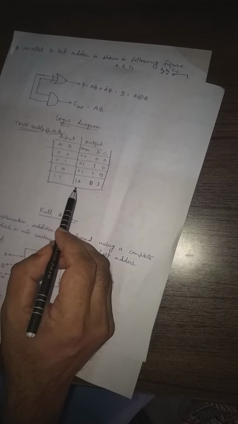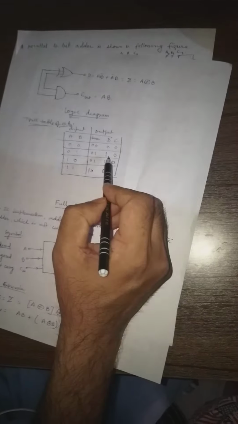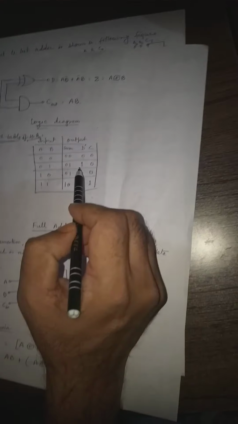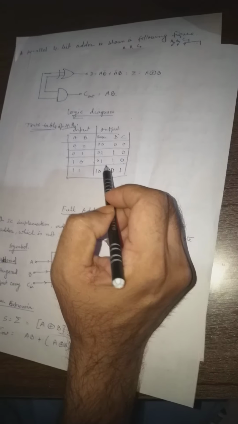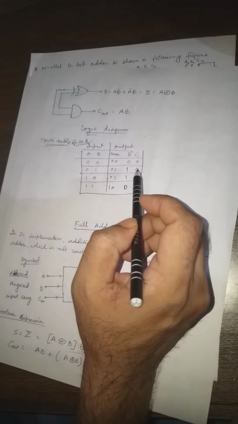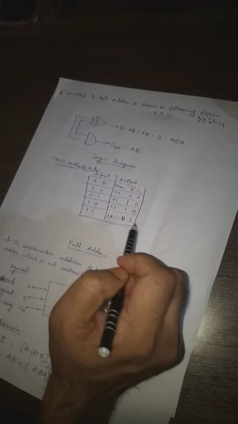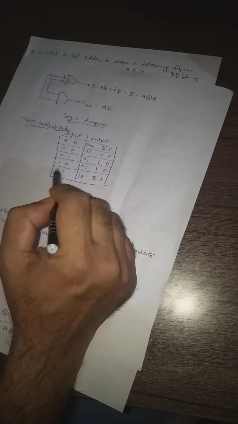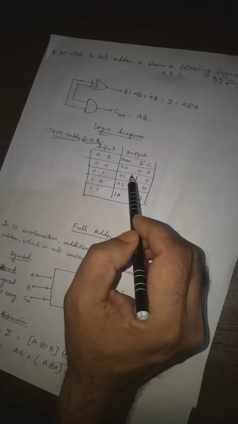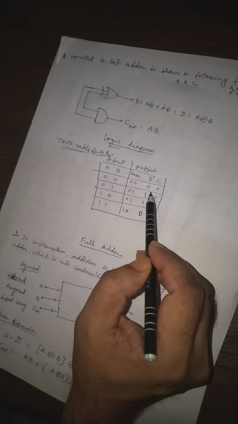Now you note that this D column gives the sum of A and B, as long as the sum can be represented by a single digit. When however the sum is larger than can be represented by a single digit, D gives the digit in the result which is of the same significance as the individual digits. So in the first three rows of the truth table, D gives the sum of A, B directly.